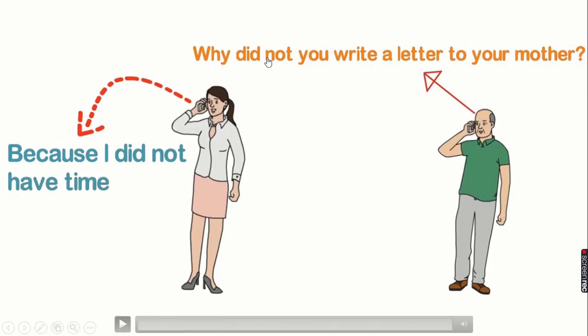So he's asking, why didn't you write? Or maybe you can ask it, why did you not write a letter to your mother? I did not write a letter to my mom because I didn't have time.